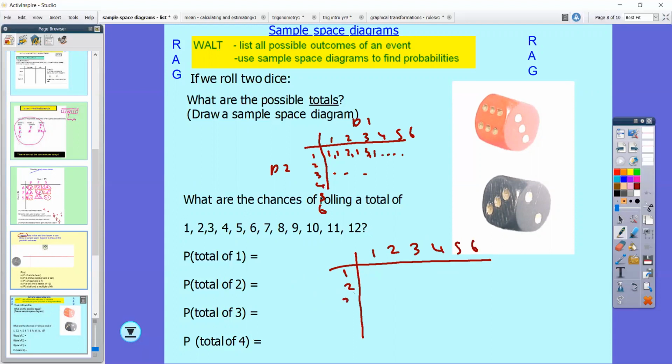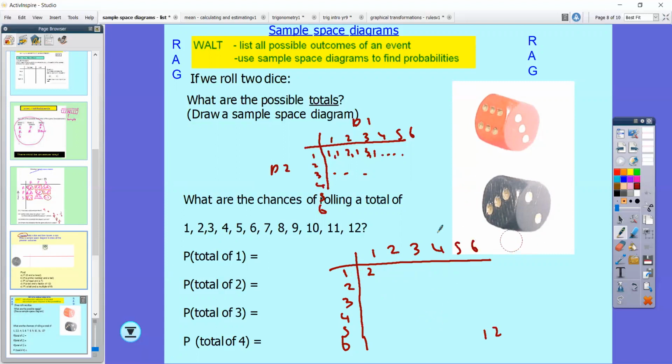So 1, 2, 3, 4, 5, 6. Okay, totals go from 12 to 2. So you've got this discussion of why can't we get a total of 1? And you should know that obviously 7 ends up being the most common total because it's got the most combinations that make that total. But you'll see all sorts of symmetry as you're going through this diagram.